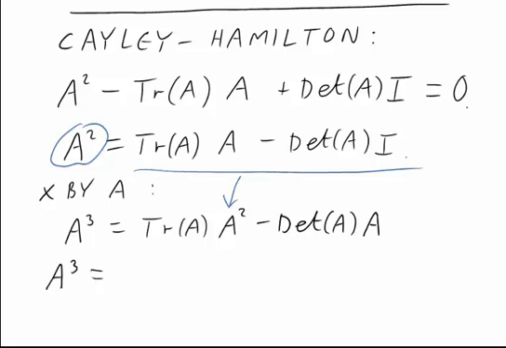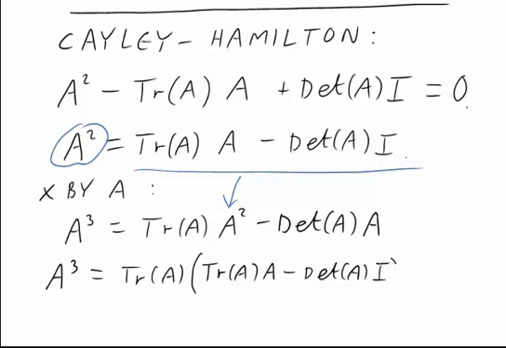That will give us A cubed equals the trace of A times A squared, which is also the trace of A times A, minus the det of A times I. So that's substituted for the A squared, and there's still the remaining term here, so minus det of A times A.